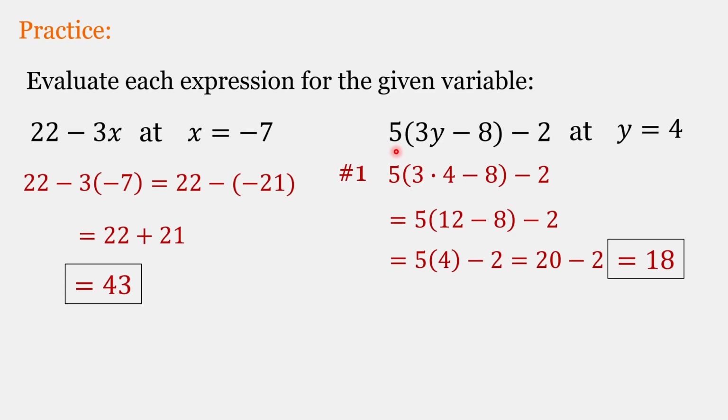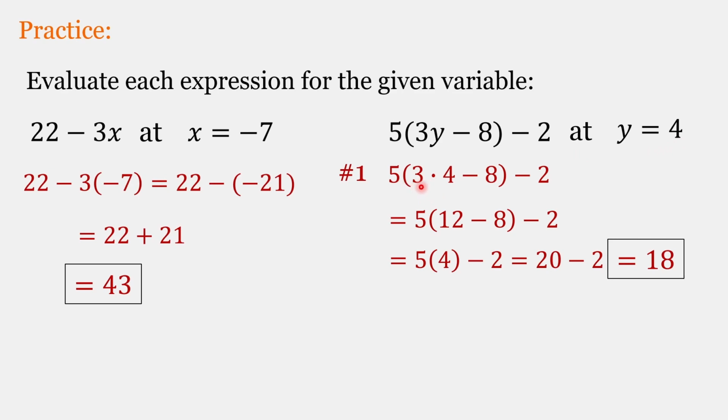For this fourth problem, we're going to look at 2 ways of evaluating this expression for y equal to 4. The first method will be similar to the other problems we worked on in this lesson, where the first step is to substitute a value for the given variable. So in this case, wherever there's a y, we will replace it with a 4.